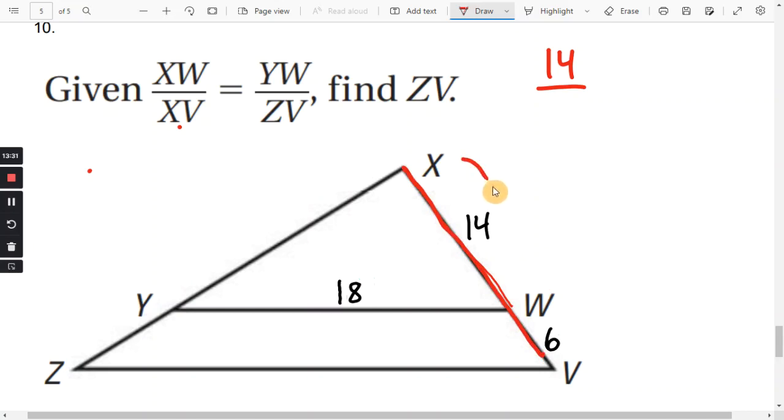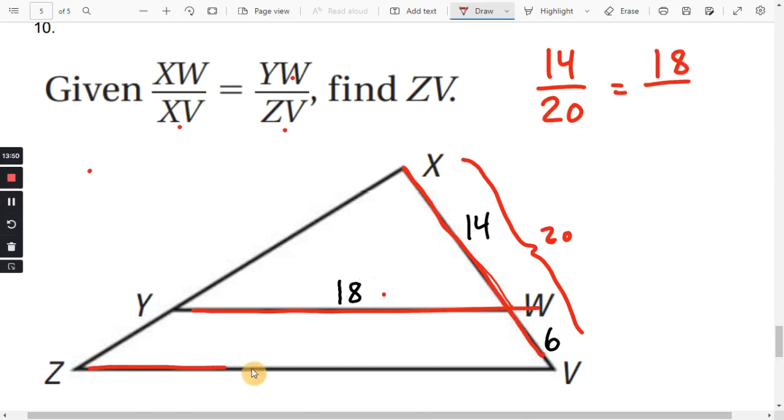So it's going to be 14 plus 6, that's 20. All right, so for xv, I'm going to plug in 20. YW is this one right here, that's 18. And ZV is this one right here. We'll just call it X.